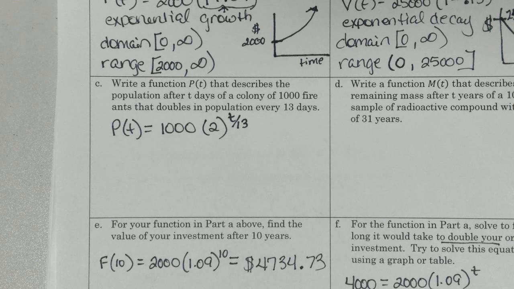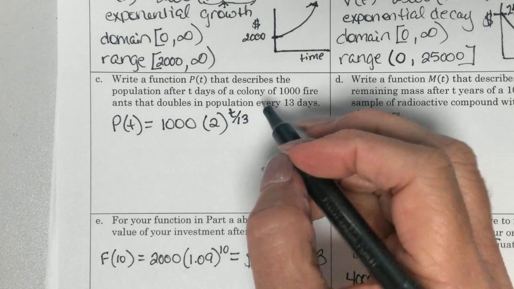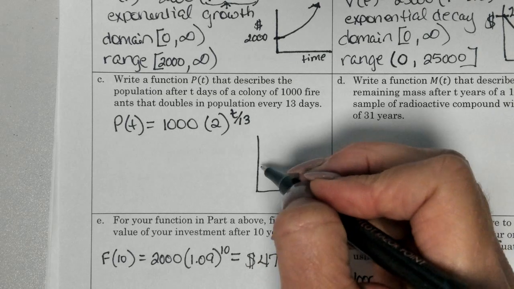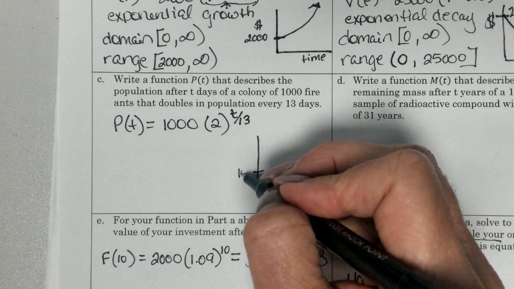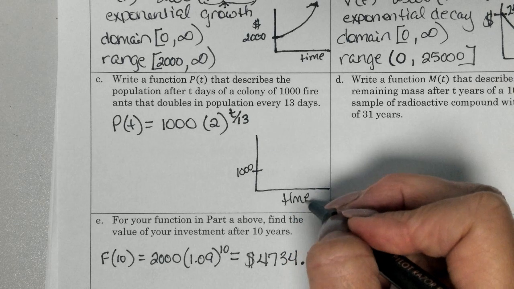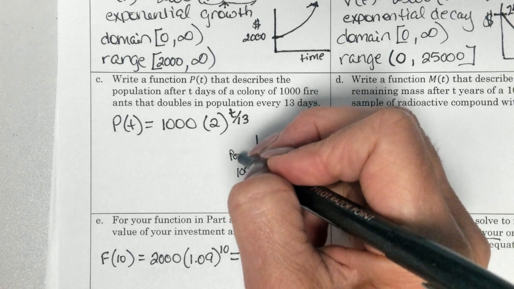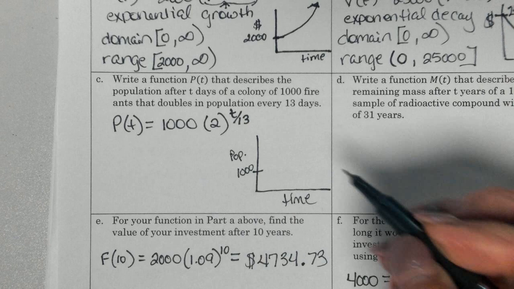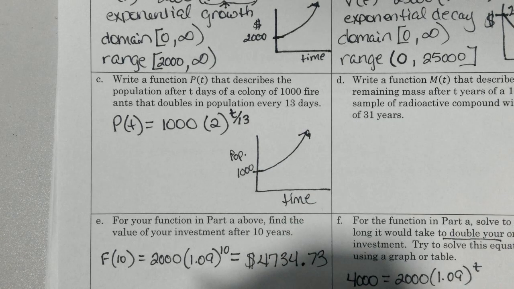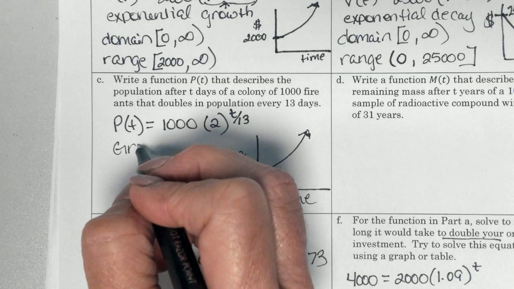Okay. Now, let's take a look. Let's think about what this would look like as a graph. We start with 1,000 ants. Time, and we're going to put population right here. All right, and we're definitely growing. This is a growth situation.